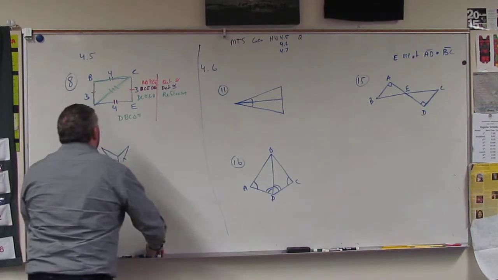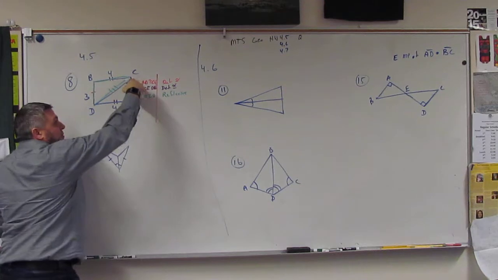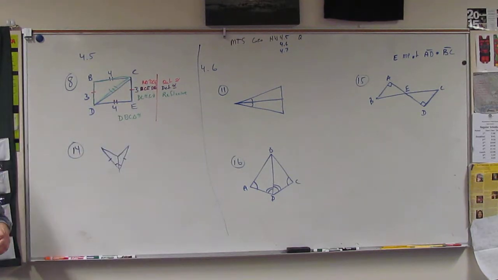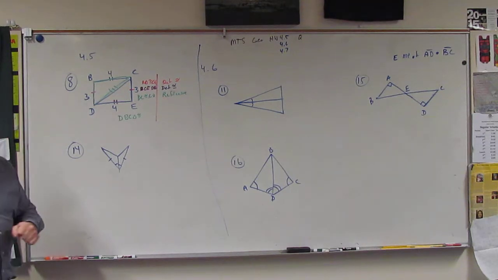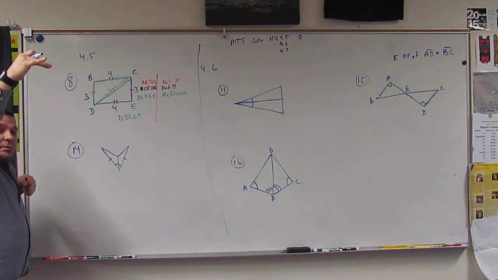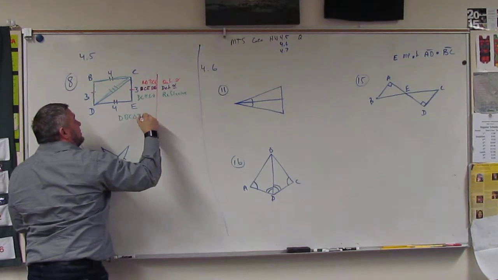CED, right? So we're saying CED. Notice we're doing the 3, the 4, and the other side. It's a 3, 4, 5 triangle, but we'll learn that later. Pythagorean theorem. Right? 3, 4, 5. So that means it's going to be congruent to CED.